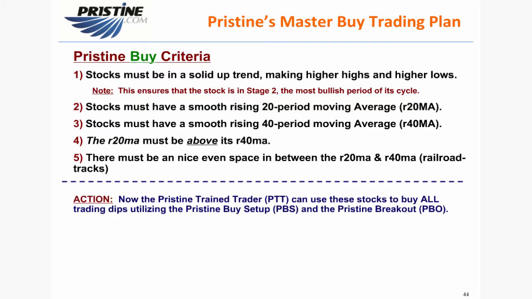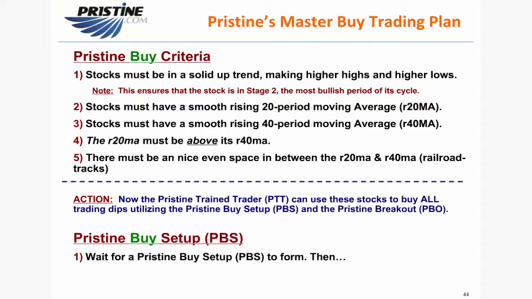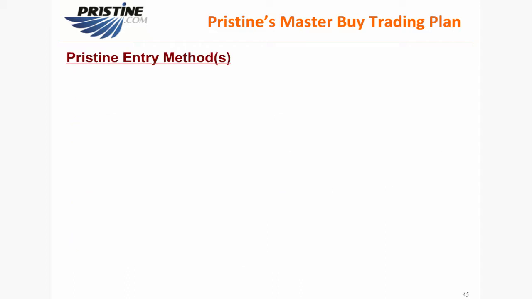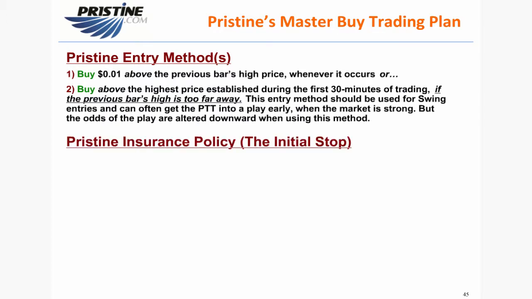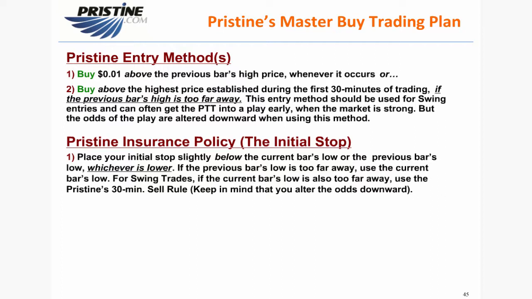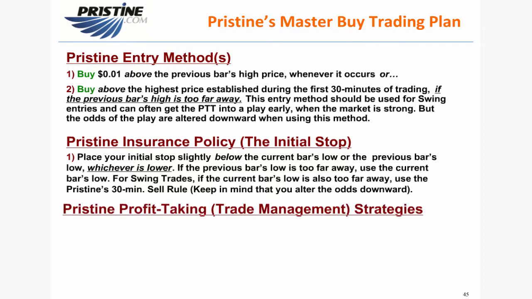If you've got those things in place, you're looking to, say, buy a pristine buy setup where once it has formed, you're then going to buy a penny above the prior bar's high, putting your stop below the low of either the entry bar or the prior bar, whichever is lower, and then you're going to look to manage it on up, right?